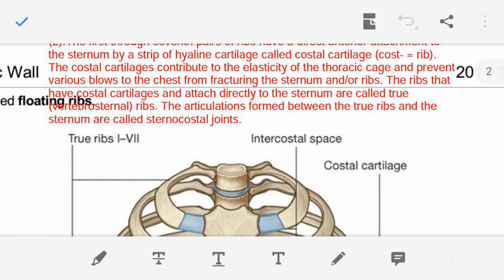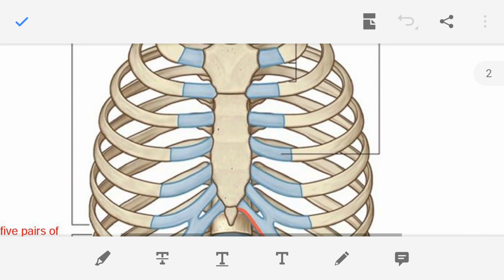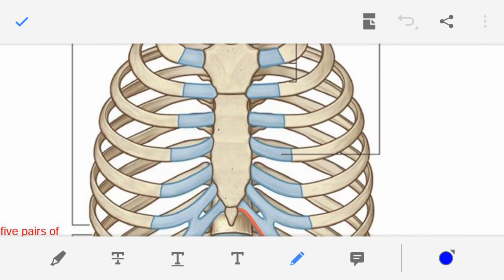For example, in this figure, this is rib number 1, this is 2, this one is 3, 4, 5, 6 and 7. As you can see, this is the costal cartilage of the first, this is the second, then the third rib's costal cartilage, and this one is the last, the seventh costal cartilage of the seventh rib.